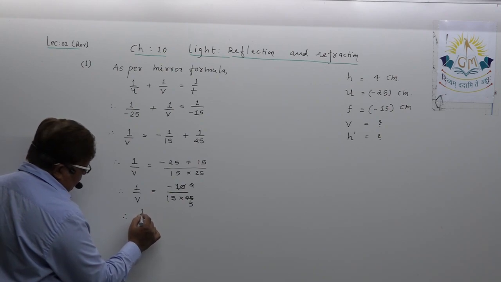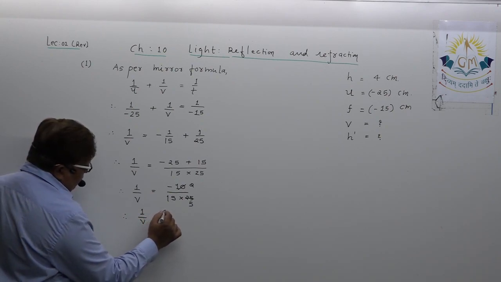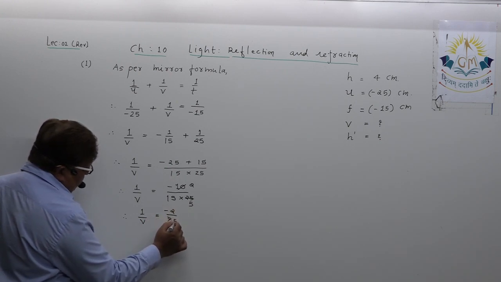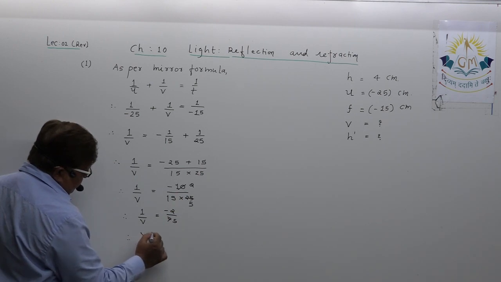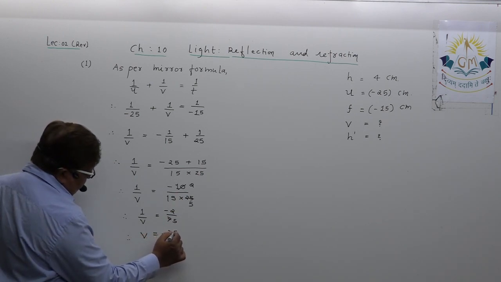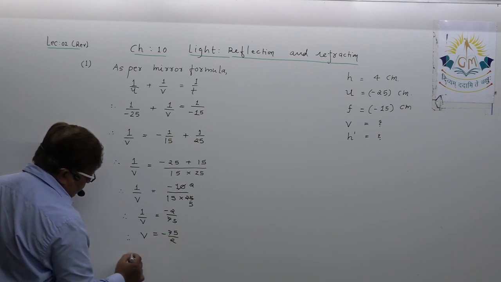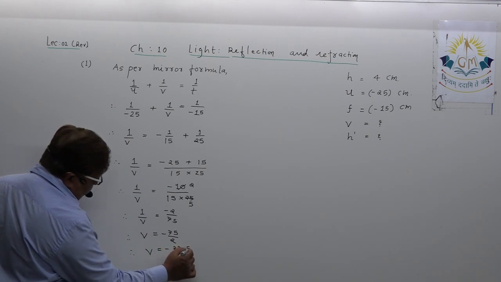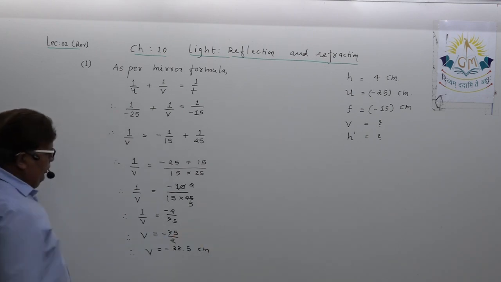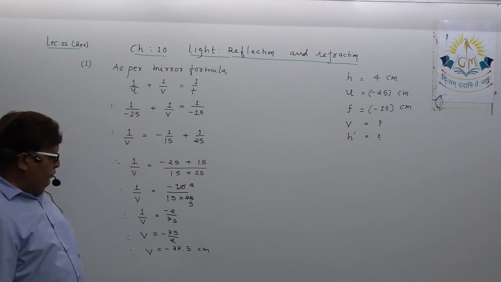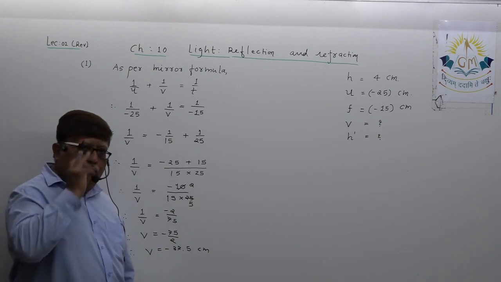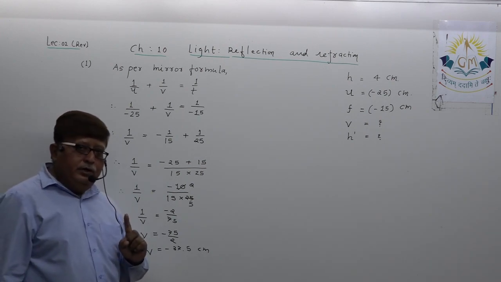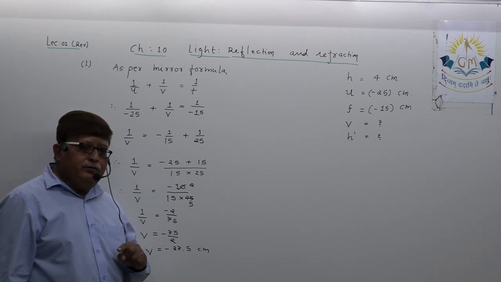So 1 upon v equals minus 2 upon 75. Just take the reciprocal. v equals minus 75 upon 2. This gives the value minus 37.5 centimeter, dear student. Now it's just a check of your conceptual clarity. v is negative. What do you mean by this?